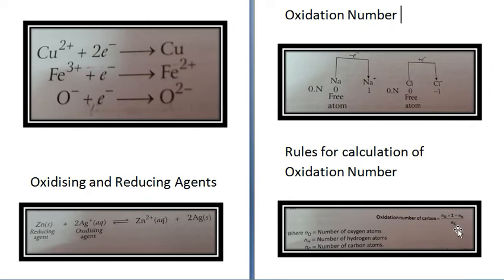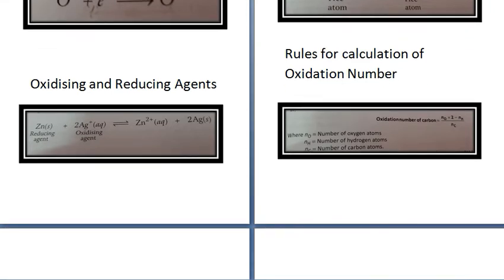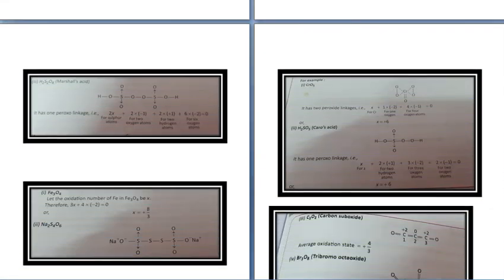So for any compound which has carbon, hydrogen and oxygen, you just count the number of oxygen atoms, hydrogen atoms and carbon atoms, and you can get the oxidation number of carbon for that compound. Now, a coordinate bond is one in which both the electrons taking part in bond formation are given by a single atom.